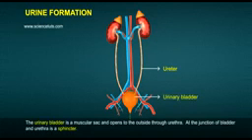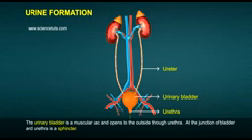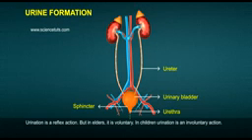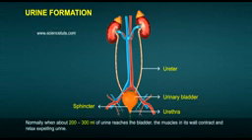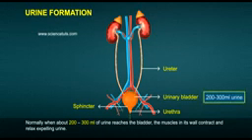The urinary bladder is a muscular sac and opens to the outside through the urethra. At the junction of bladder and urethra is a sphincter. Urination is a reflex action, but in adults it is voluntary. In children, urination is an involuntary action. Normally, when about 200 to 300 milliliters of urine reaches the bladder, the muscles in its wall contract and relax, expelling urine.